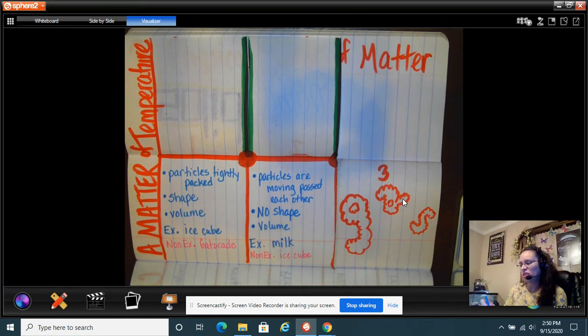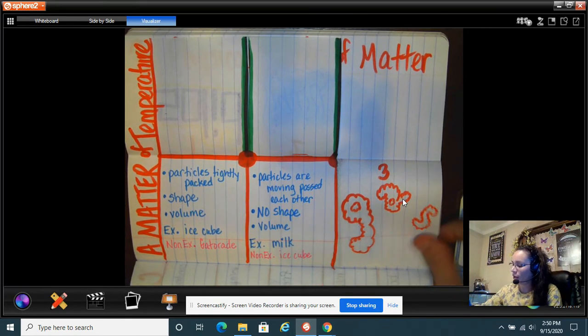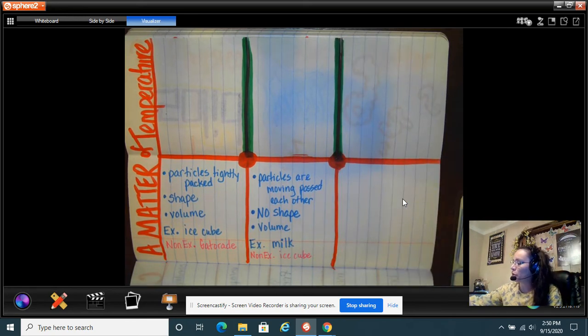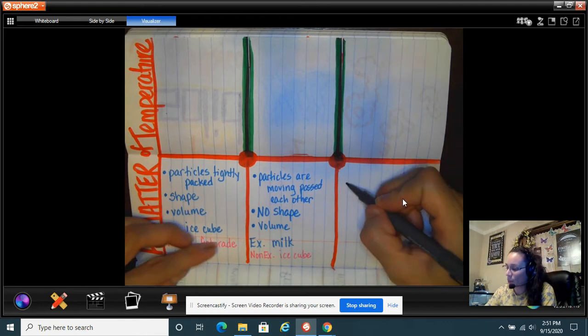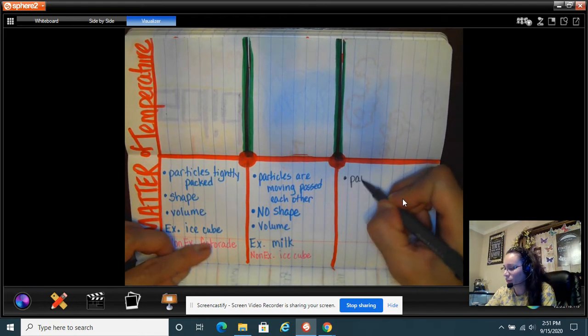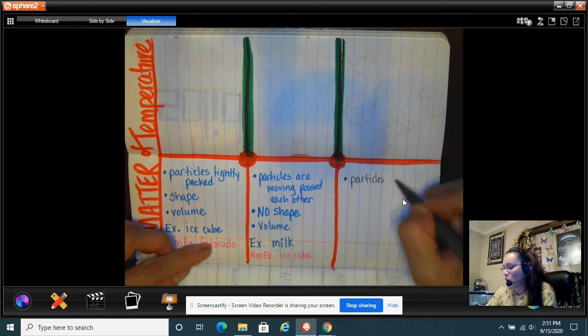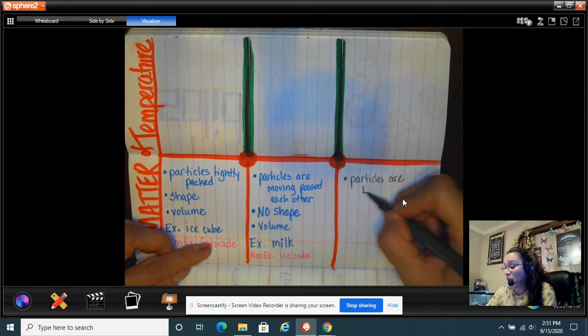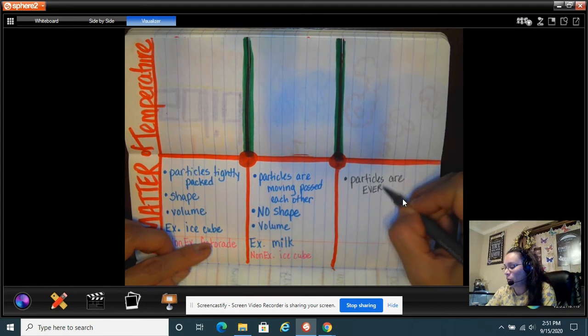Then the last one, I'm going to do the same thing. Open that third door. In a gas, particles are everywhere.